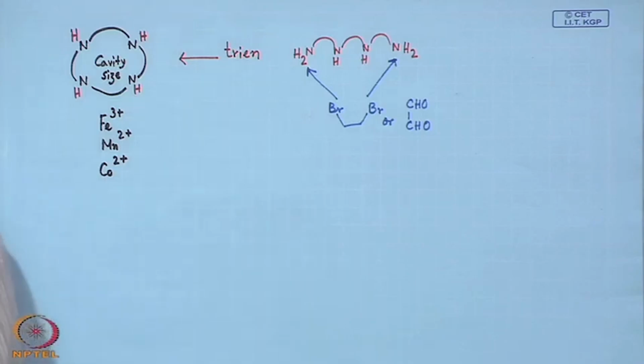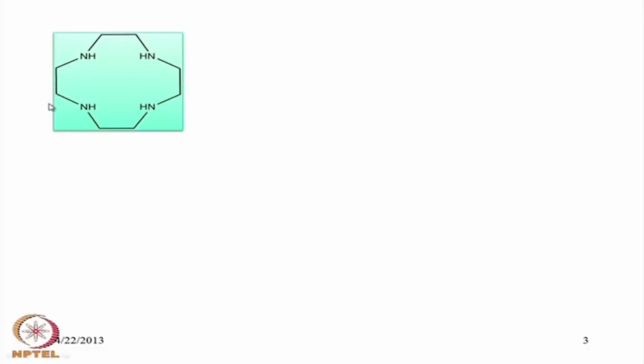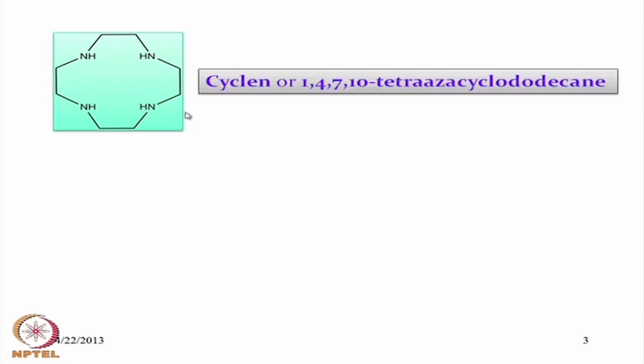So, if we have only the ethylene backbone, so all the 4 nitrogen atoms are connected by 4 ethylene bridges, then we get one particular type of ligand which is known as cyclen, which is nothing but 1, 4, 7, 10 tetraazacyclododecane, like that of tacn, triazacyclononane, which is cyclododecane.